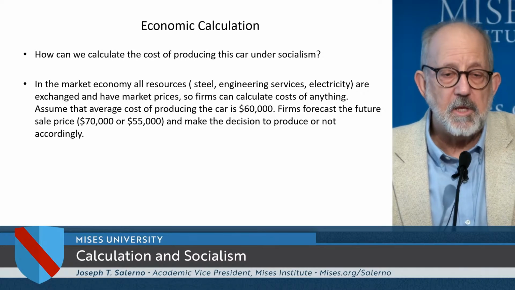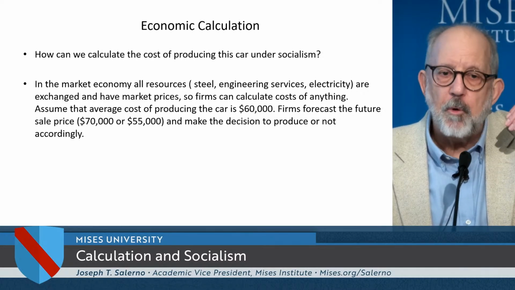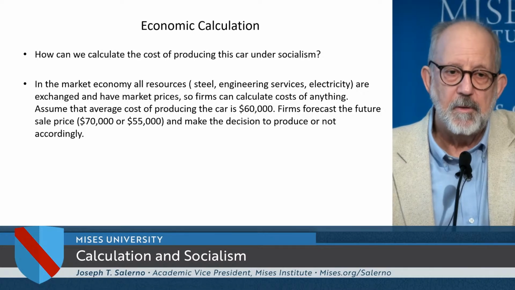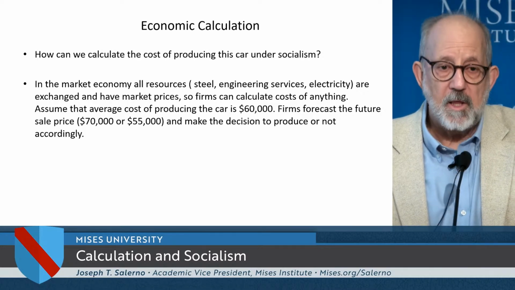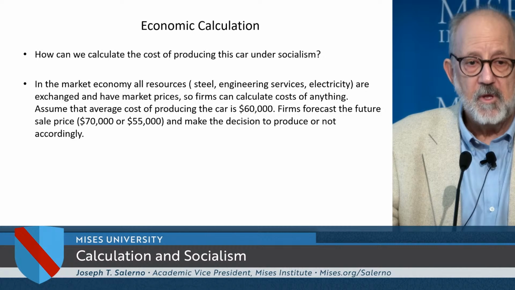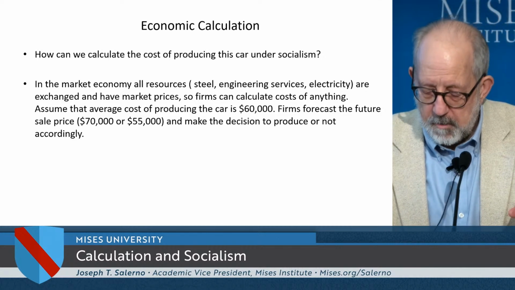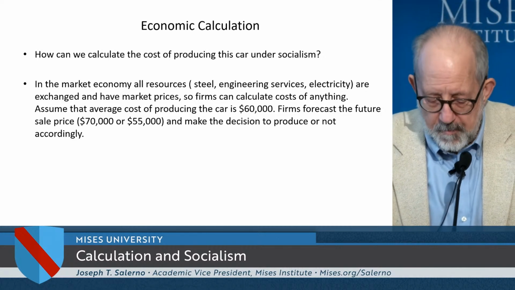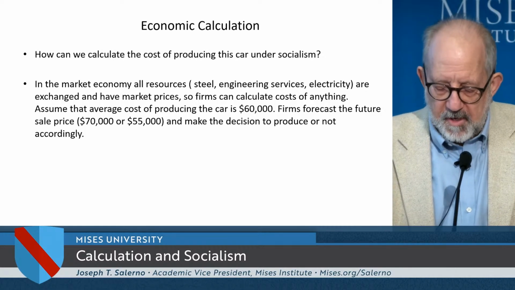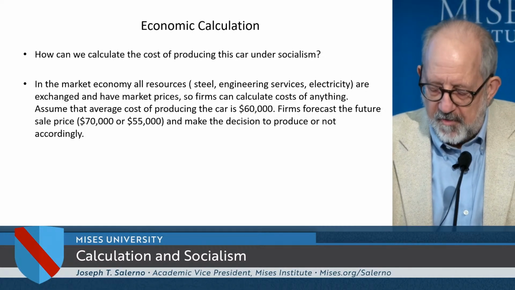You can always calculate the cost for any, even if it's a crazy idea about producing something. You can calculate the cost because the price system exists at every moment, okay? So then let's assume that the average cost of producing this car is $60,000.